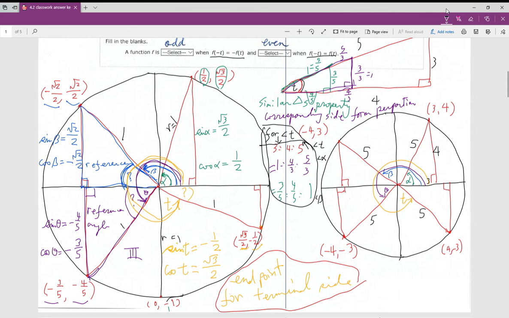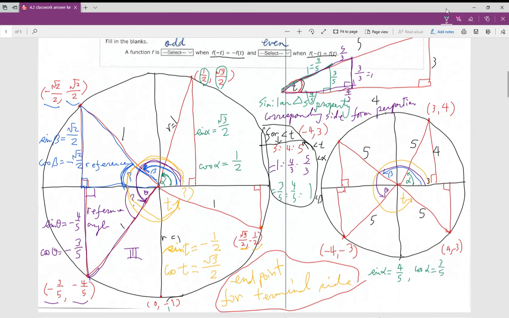Therefore, our sine value for angle alpha is 4 divided by radius, 4 over 5. Cosine alpha will be 3 divided by 5, adjacent divided by radius, 3 over 5.